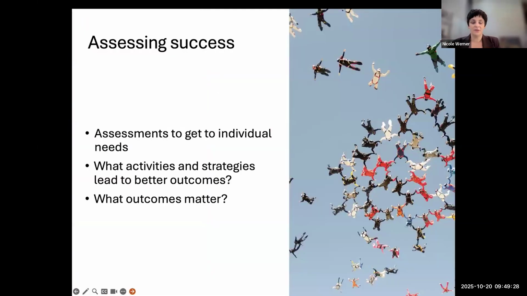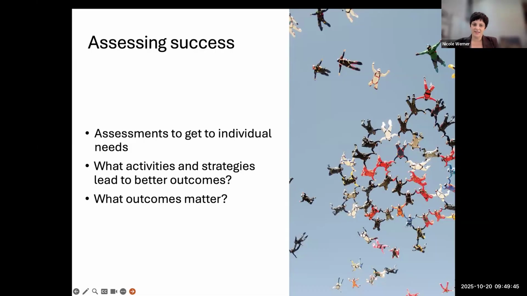Finally, I really want to highlight the importance of how we know we're doing co-design well. I don't think we have great robust measures for that yet, or an understanding of how to do that, especially around the individual needs piece that I mentioned before.